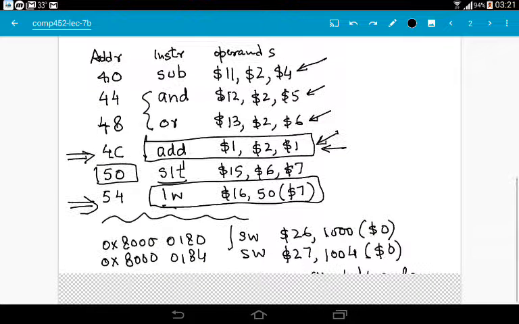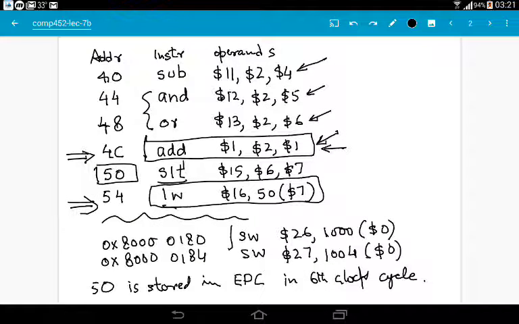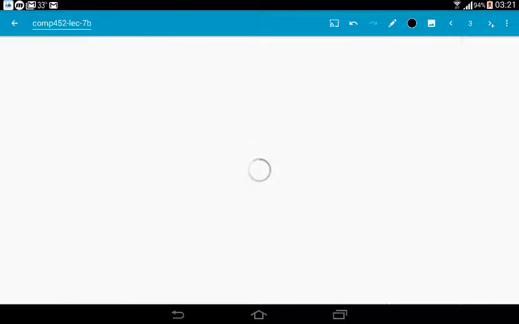What was I trying to do? Yeah, this is what I was trying to do. I was trying to show you that now this instruction is going to be fetched from instruction memory, this one, and it is going to be executed.